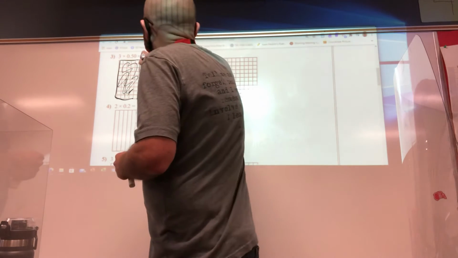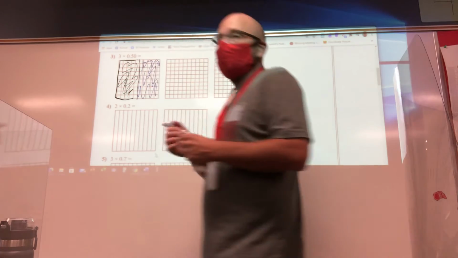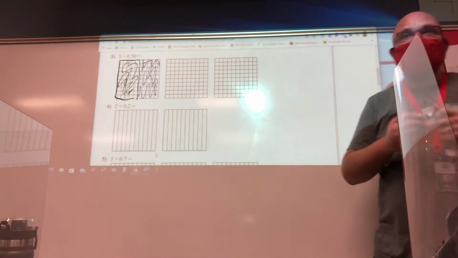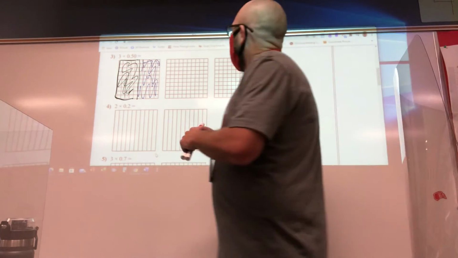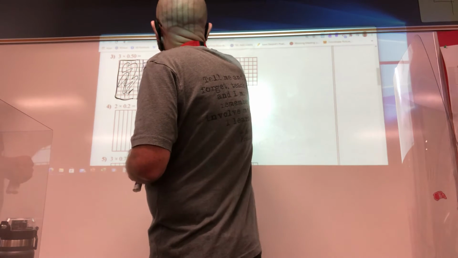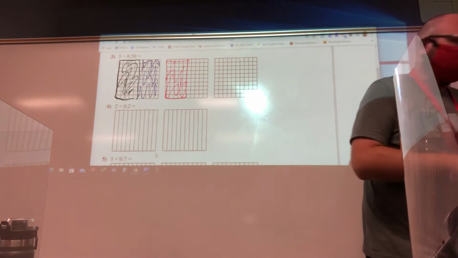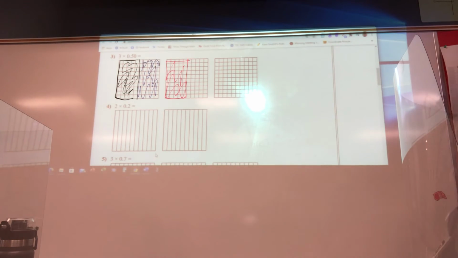So we're already equal to 1, right? And then this would be shaded in. So 1 whole and 50 hundredths, or 1 whole and 5 tenths, 1 whole and a half.